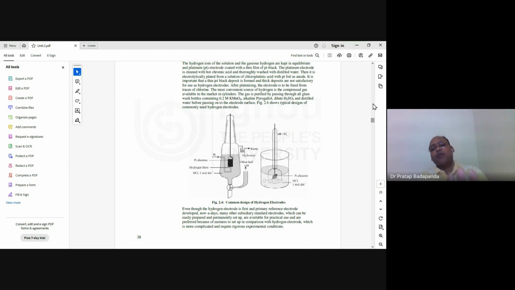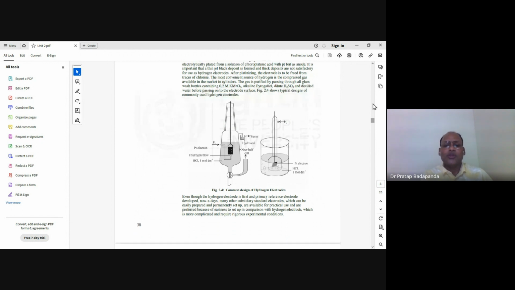Actually hydrogen is a gas, so we cannot use the gas itself as the electrode. But hydrogen can release electrons, that is the behavior of hydrogen H plus, so we can use this.